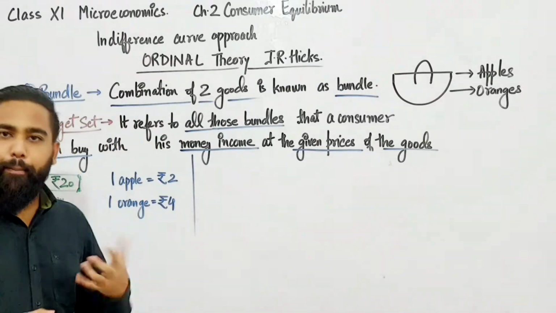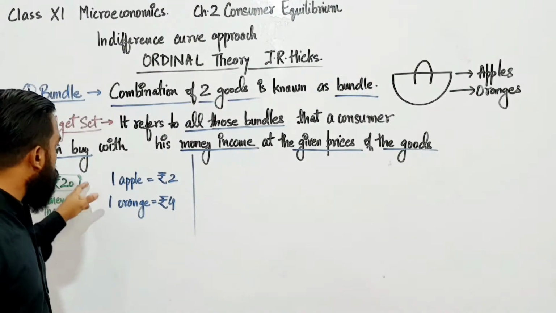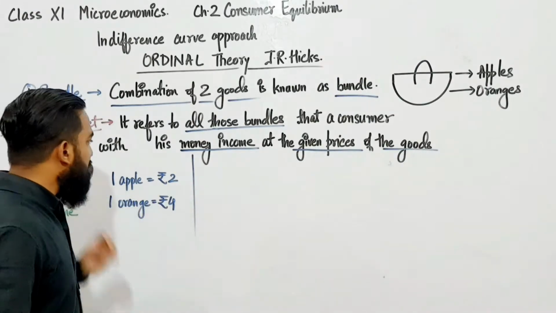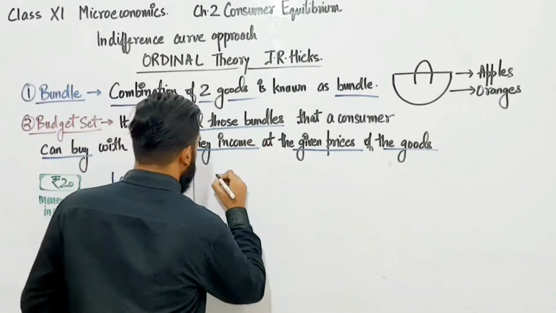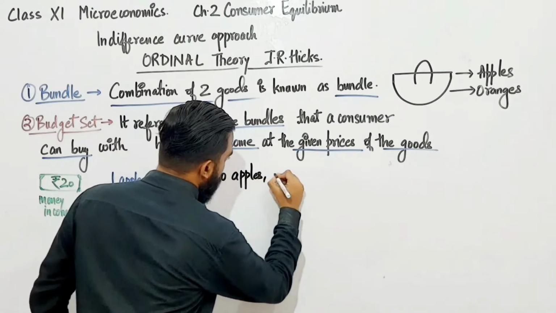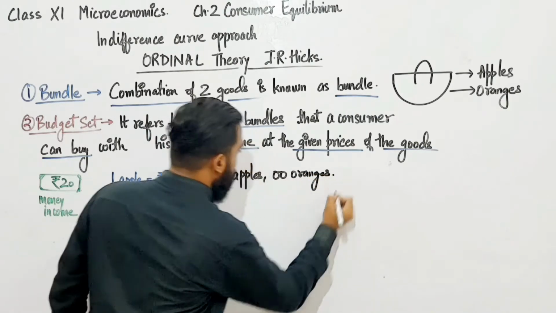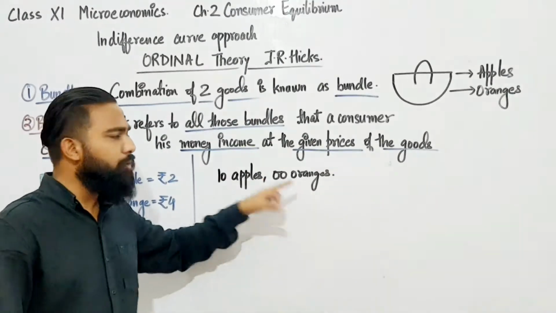Suppose you like apples the most, you don't like oranges, so what will you do? You will spend your 20 rupees in buying apples only. With 20 rupees at 2 rupees per apple, you can buy 10 apples and 0 oranges. Isn't it? If you like apples the most, you will bring all apples and you won't buy oranges.